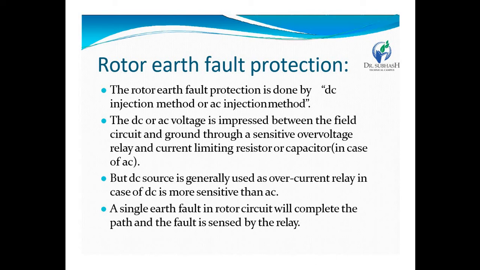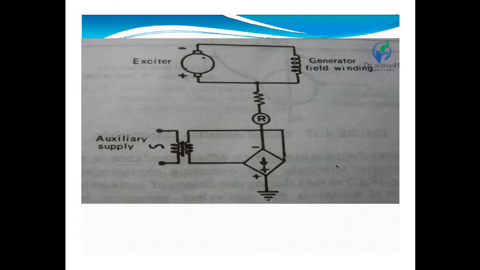But a DC source is generally used with an overcurrent relay, as DC is more sensitive than AC. A single earth fault in the rotor circuit will complete the path and the fault is sensed by the relay. This is the image where the explanations are there. Exciter and generator field winding. The exciter is connected with the field winding and a resistor is connected with the auxiliary supply.